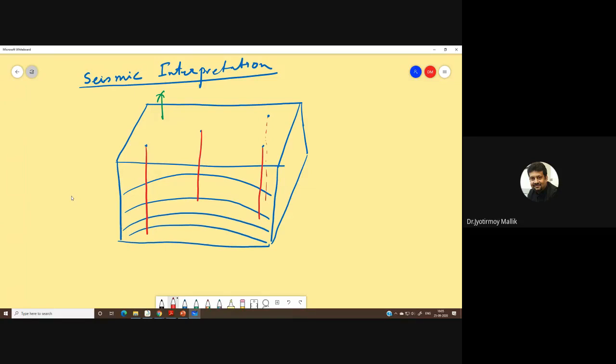And hence you take the help of seismic interpretation. What you essentially do in seismic interpretation is you send acoustic waves, and the acoustic waves are actually reflected back.